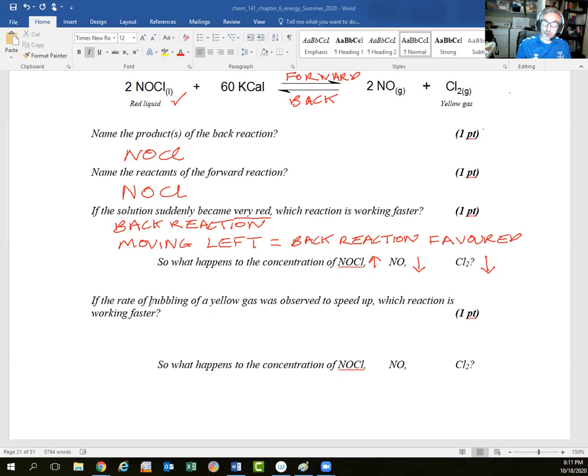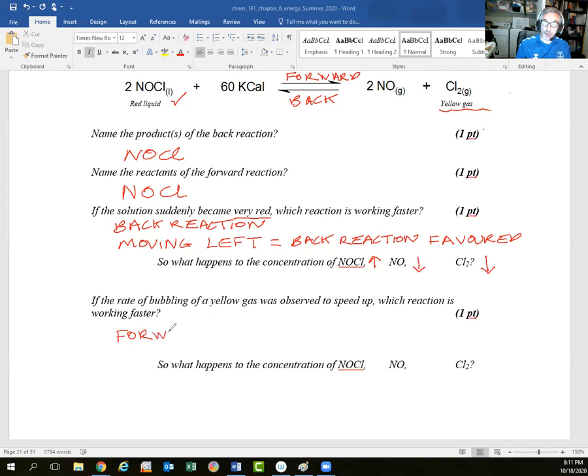Next one, the rate of a bubbling yellow gas is observed to speed up. What's happening now? So seeing that yellow gas being produced, that's the observation. That's the reaction of the system. And the only way to produce this chlorine gas is to get the forward reaction to work harder.